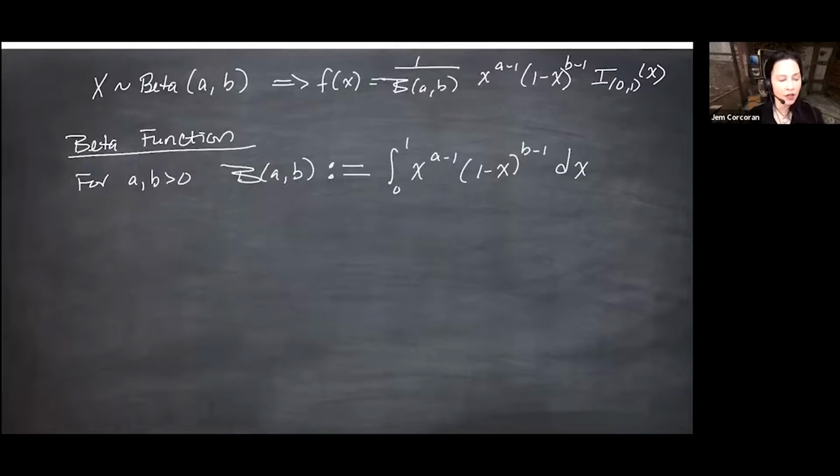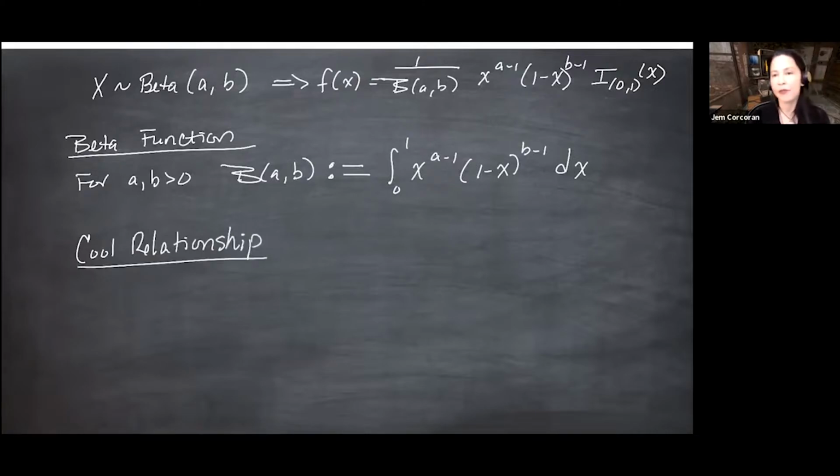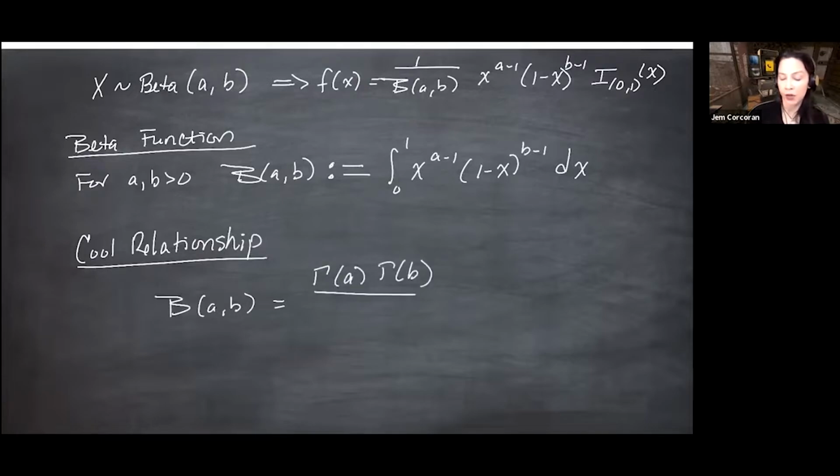One relationship that is cool, if you want to see the proof, I think it's on page 75 of the notes. I don't want to take the time to do it today. It's not bad, but we have to think about double integrals and transformations with Jacobians. And that is that the beta function of a and b can be related to the gamma function this way: gamma of a times gamma of b over gamma of a plus b.